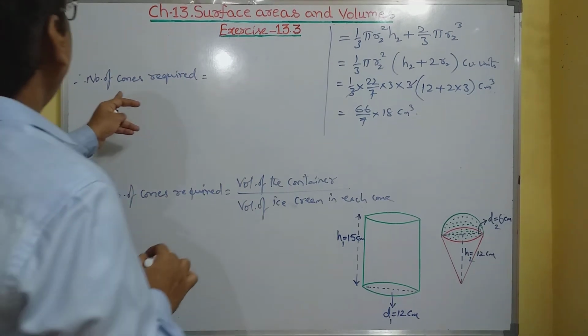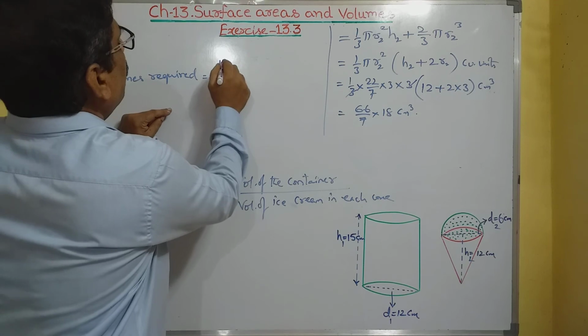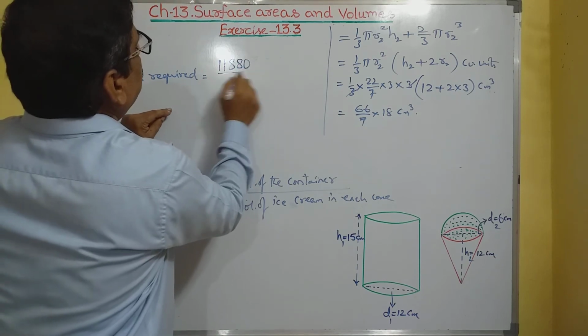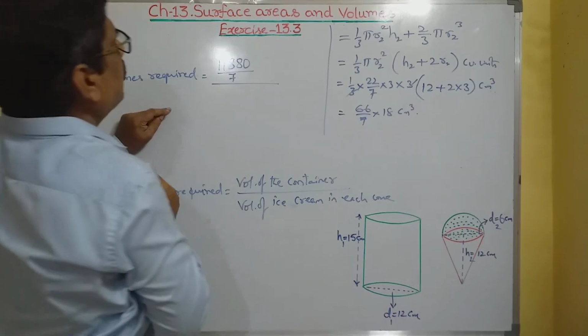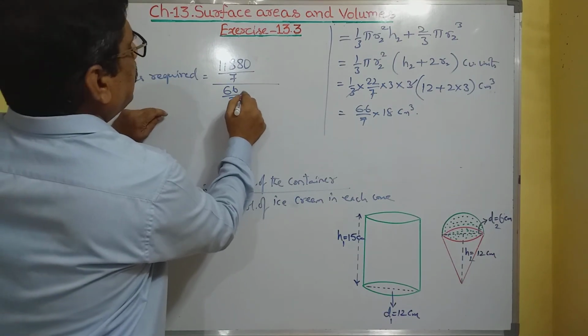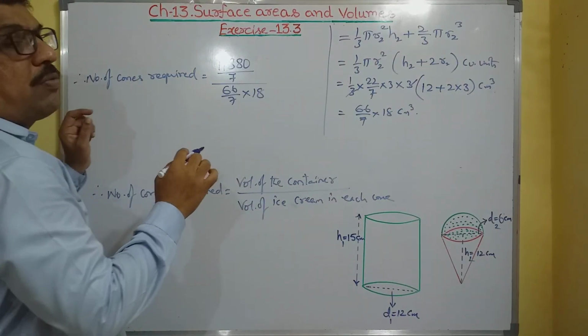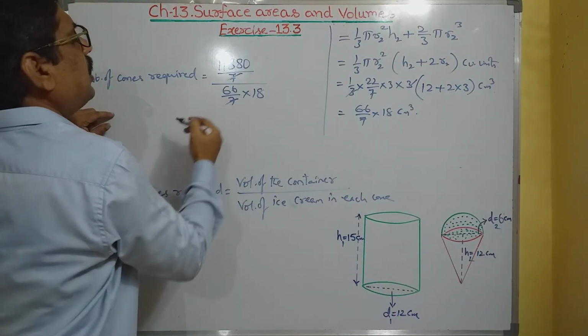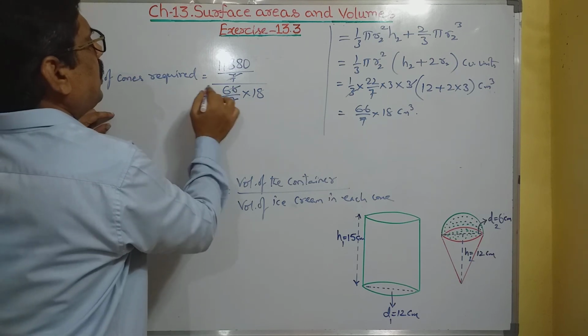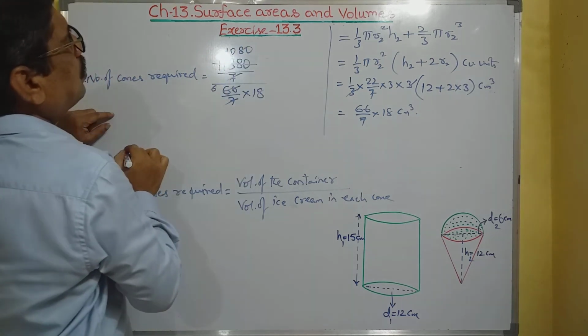Therefore, number of cones required is equal to volume of the container. How much did we get? 11880 by 7, and volume of each cone we get 66 by 7 into 18. So this is the number of cones. Let us cancel the denominator. Now in 11 table, 11 6s are 66, 11 1080.